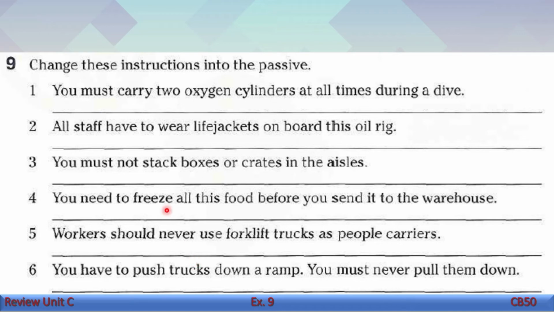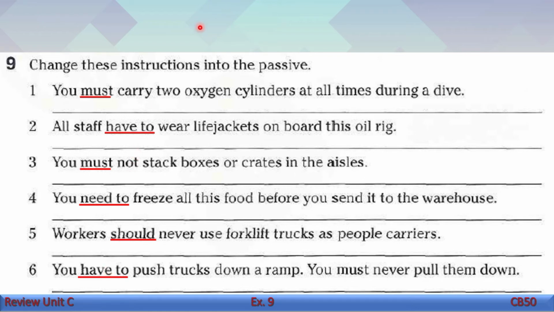Good. You will see that we have modals in all the instructions. That is, here we have must, have to, must, need to, should, and have to.